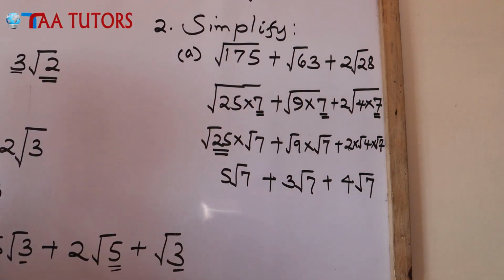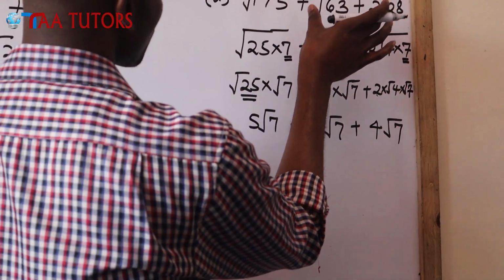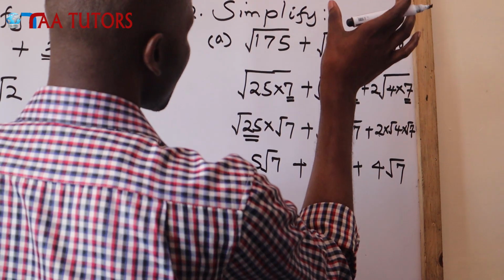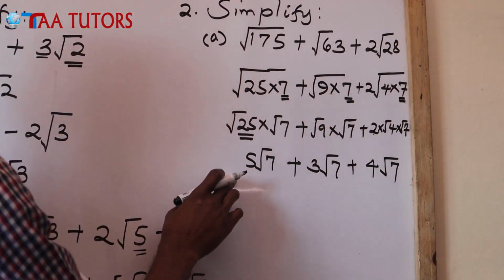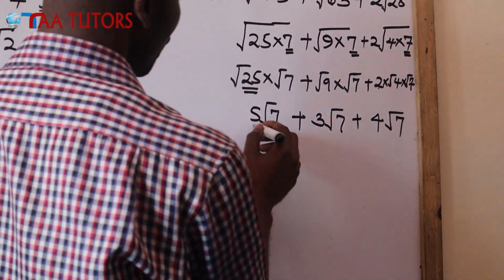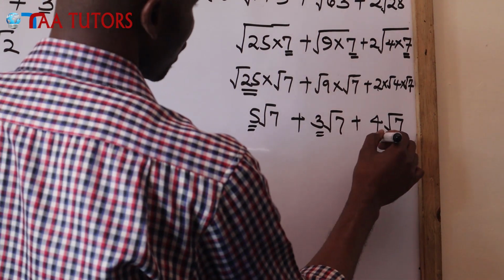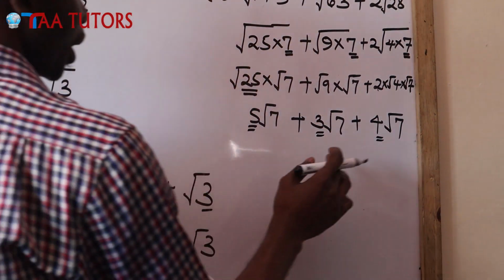We also realize that now we have like terms, all of them. So surd 175 plus surd 63 plus 2 surd 28 all simplifies to this, and we can see surd 7, surd 7, surd 7. So we can add the coefficients 5 plus 3 plus 4. 5 plus 3 is 8, plus 4 is 12.